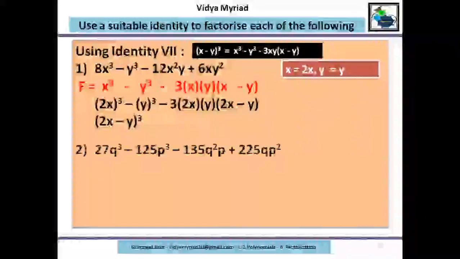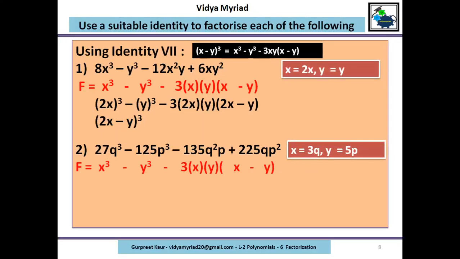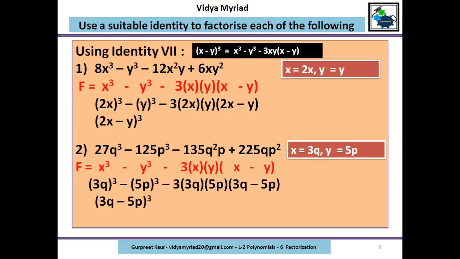Next example, you have 27q cube minus 125p cube minus 135q square p plus 225qp square. Simply first identify what will be your x and what will be your y. Write down the formula and just put these values in that formula. You will get 3q minus 5p the whole cube.